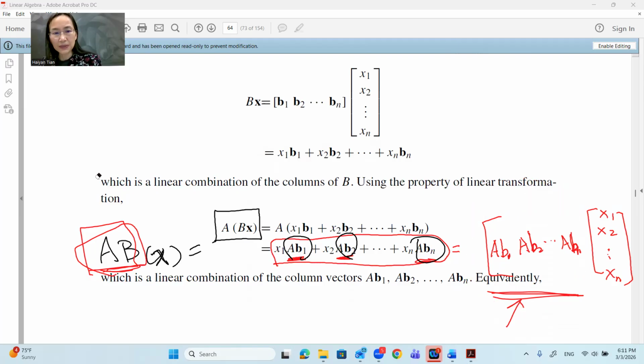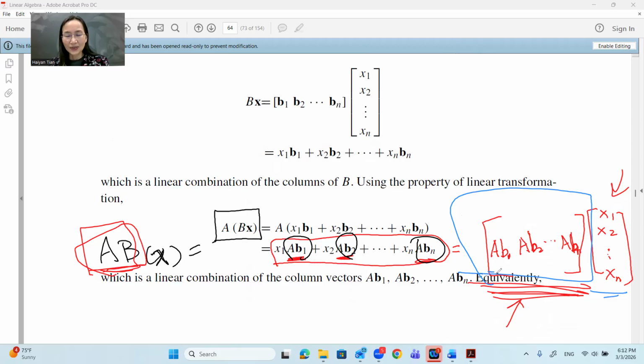Because whenever you give me an x, I can find the image of x using this matrix. For whatever x, you use this matrix to calculate the image of x. So we have already defined a matrix corresponding to this composite transformation.